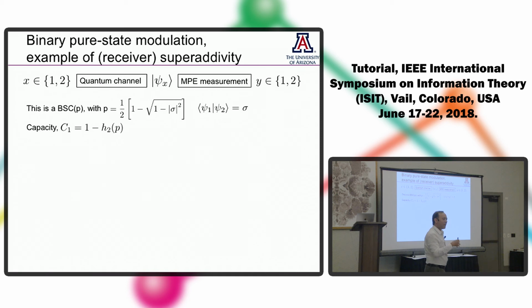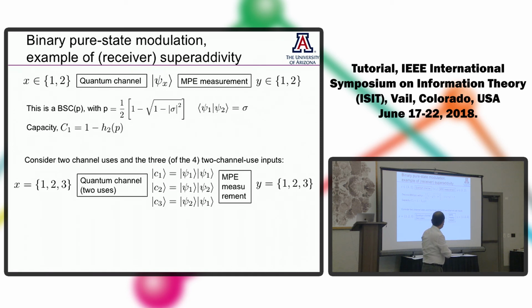So let's now do something a little bit more fancy. Okay, so let's take 2 uses of the quantum channel. And I'm going to throw out one of the possible outcomes, meaning I will never use that particular outcome. So I'm going to use psi 1, psi 1, psi 1, psi 2, and psi 2, psi 1. So I'm not using psi 2, psi 2.